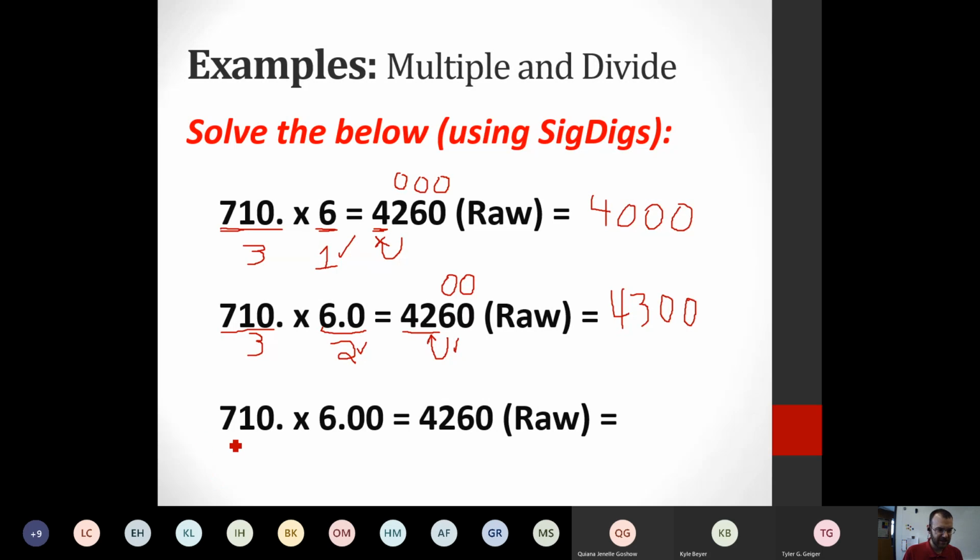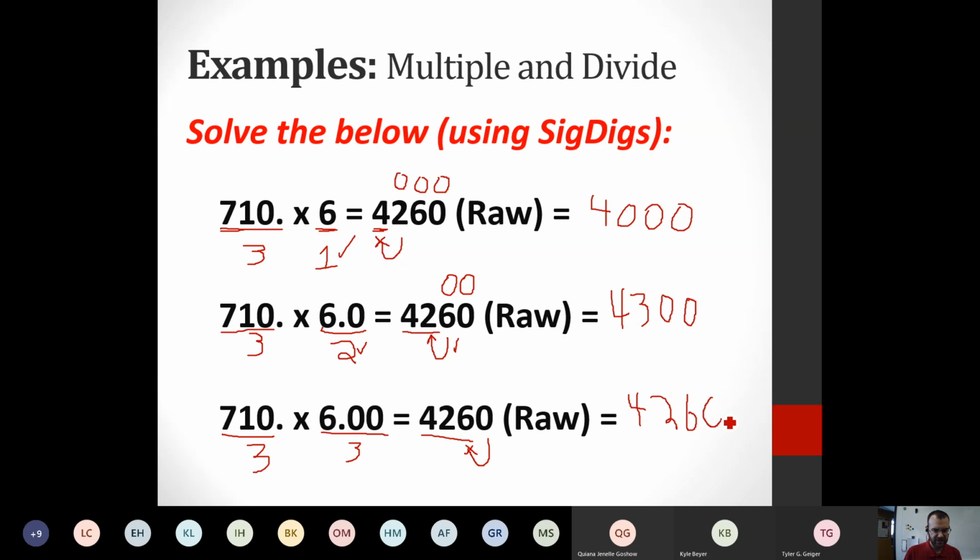Now for this last one here, we've got our 3 digits, and we have 3 digits again. That's fantastic. So we have 3 digits. The 0 cannot raise it up. It's just a placeholder anyway. And as such, the 4, the 2, and the 6 all matter.